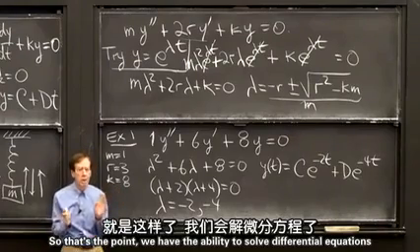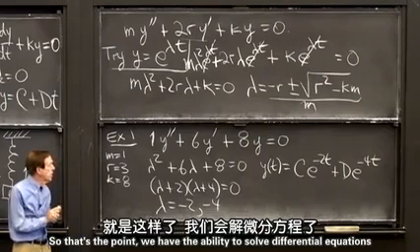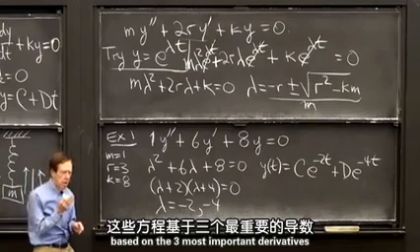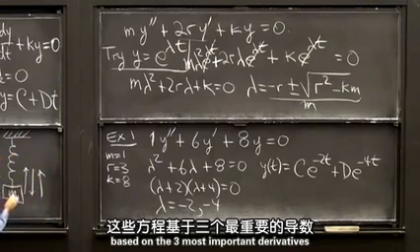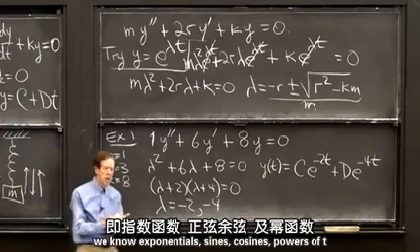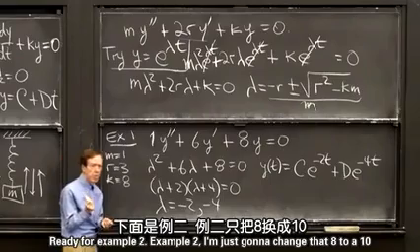So that's the point. We have the ability to solve differential equations based on the three most important functions we know: exponentials, sines, cosines, powers of t. Okay. Ready for example 2?